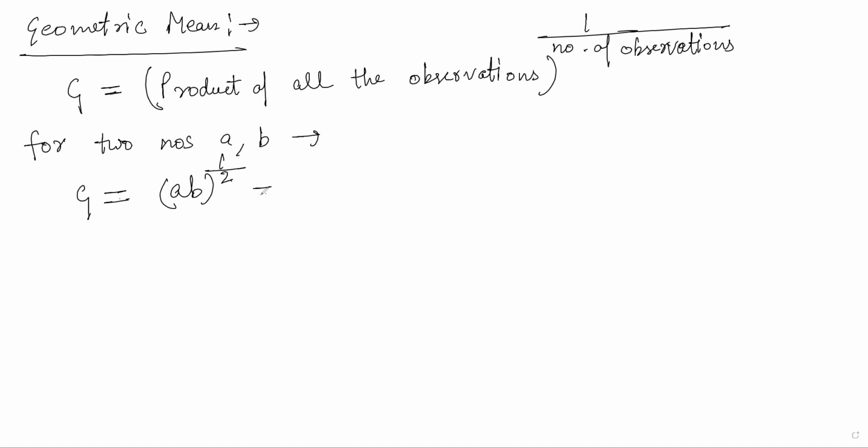So root AB is the geometric mean of two numbers A and B. Let's say you want to find out for three numbers. And these numbers are some A, B, and C. Yes, Tharif, how would we find this GM? Just apply the formula for three numbers.